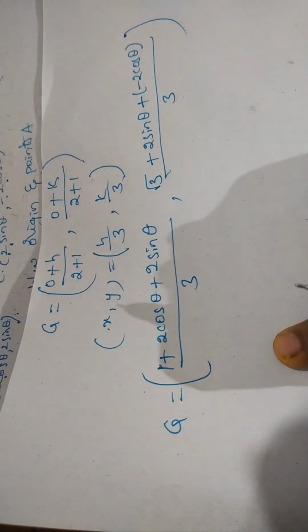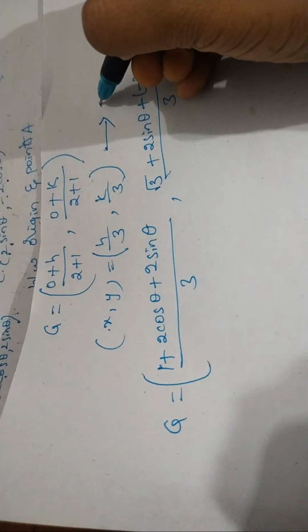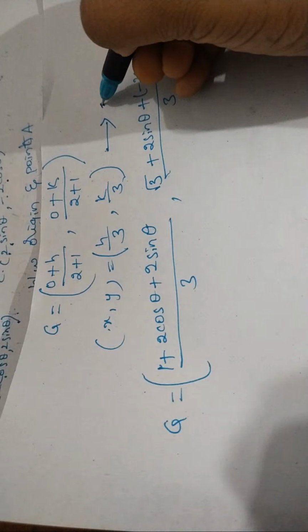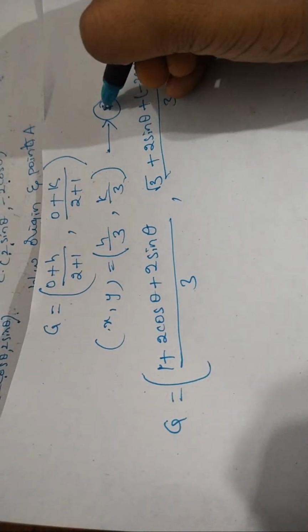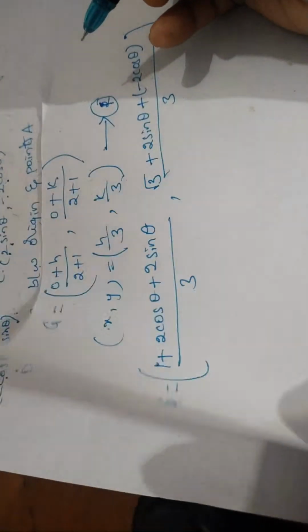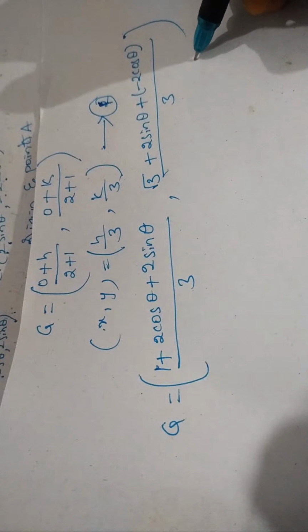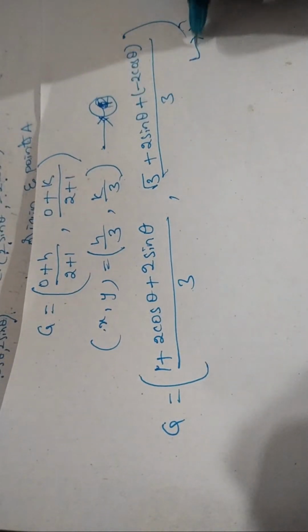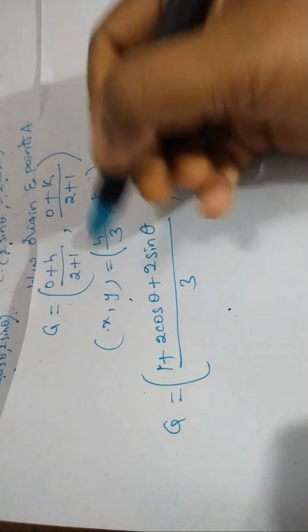So now equate this centroid, take it as equation 1. Sorry, this is equation 1 and this is equation 2. This point, what is this point? G point. This G and this G, both we need to equate.